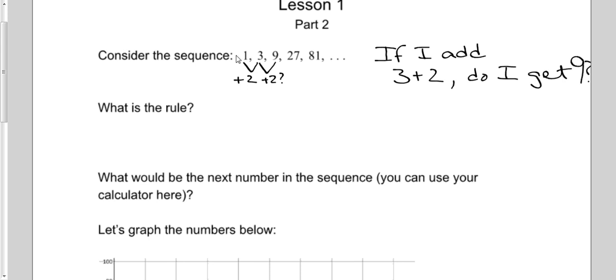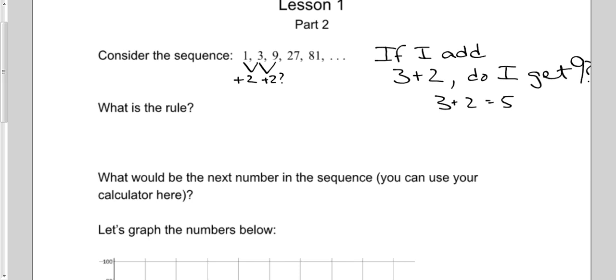And you should know by now that you do not get 9. You get 5. So we need to think of something different here in order to get us from 3 to 9, something that I also do from 1 to 3.